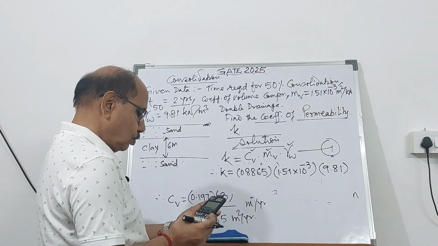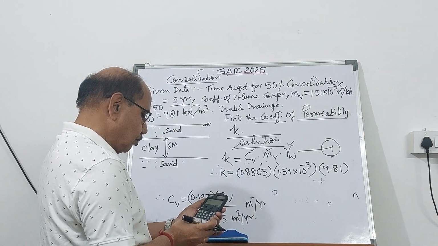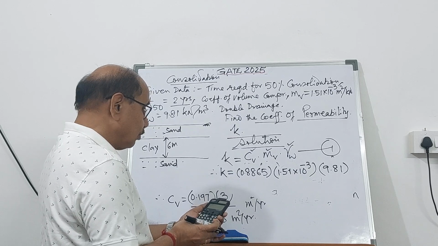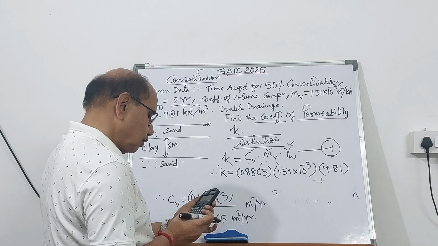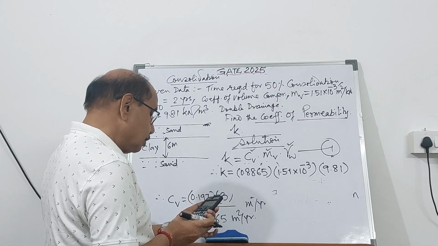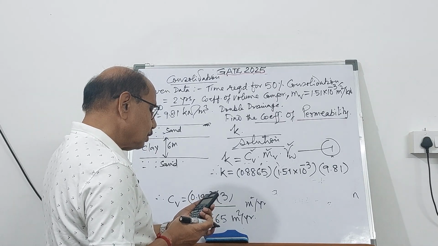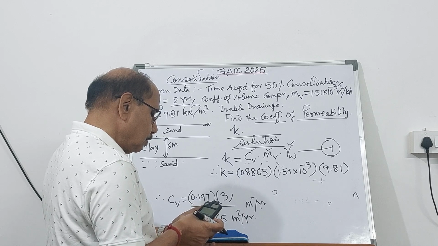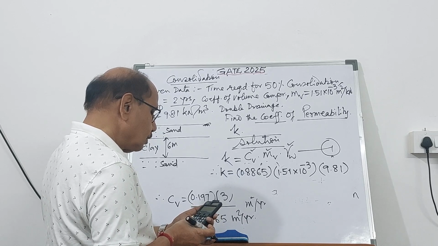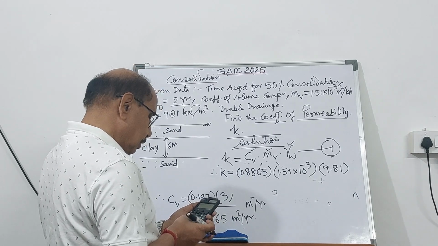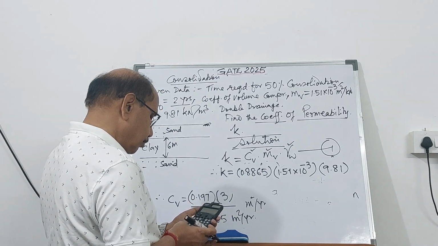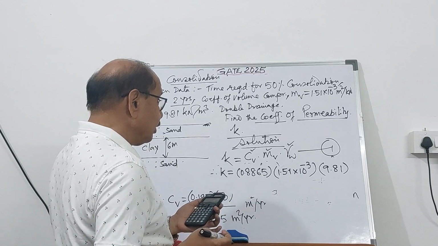So 0.8865 multiplied by 1.51 into 10 raised to minus 3 multiplied by 9.81, the gamma W value.